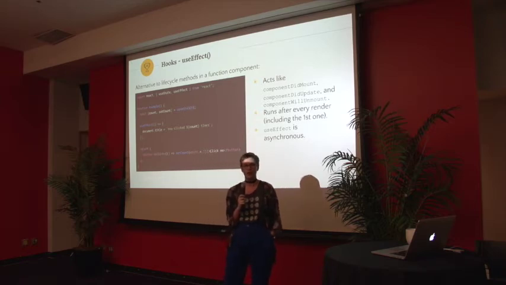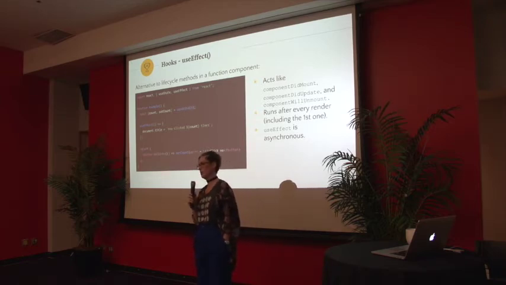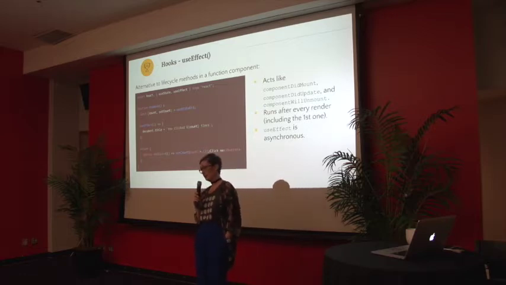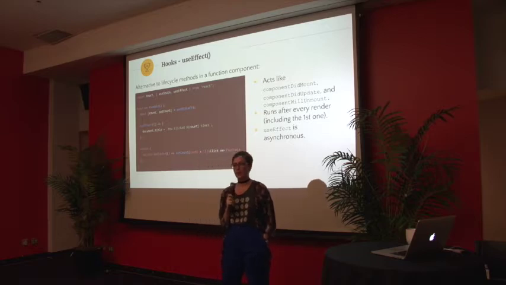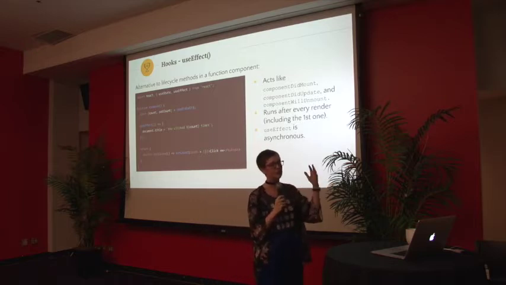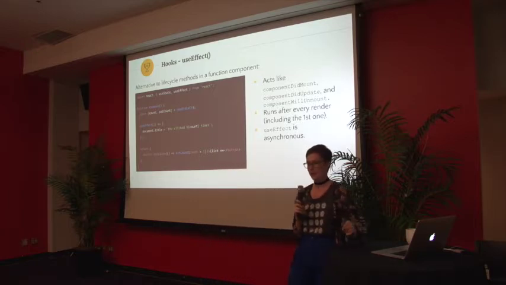So React mounts your component the first time, useEffect runs. React updates your component via props, whatever, useEffect runs again. Essentially, every time React re-renders your component, useEffect runs afterwards. So you can think of useEffect as happening after a render.